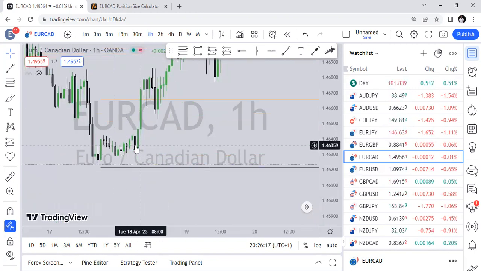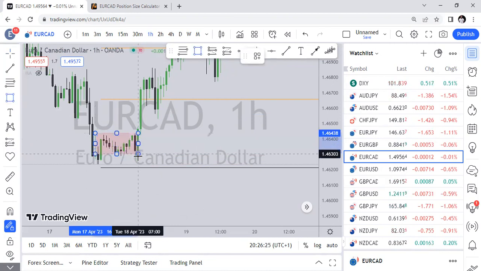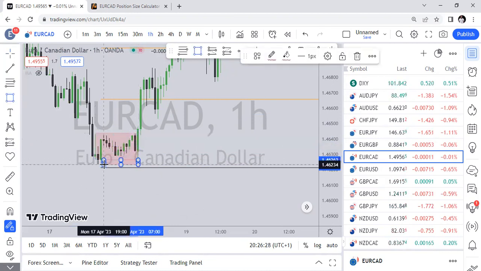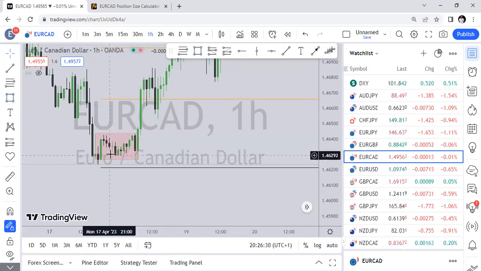Like if we're looking at this candle now, imagine the market was doing what it was doing here. So the market was just moving up, down, up, down. There was not much activity here.